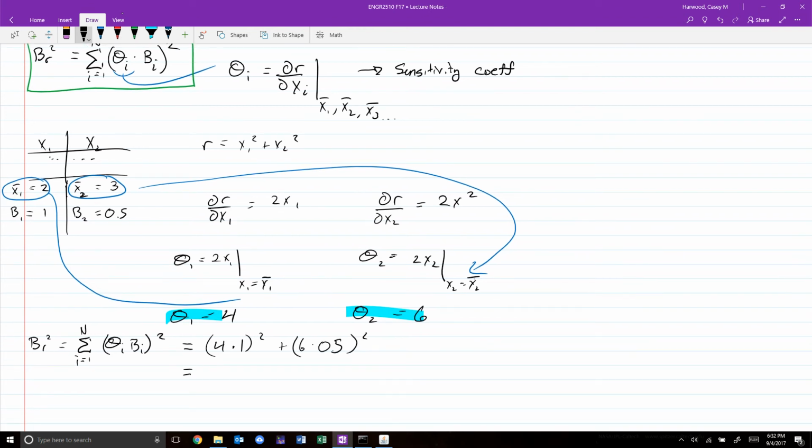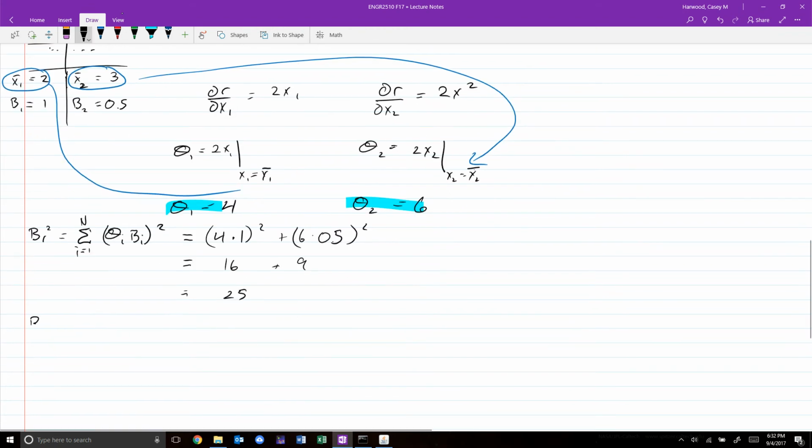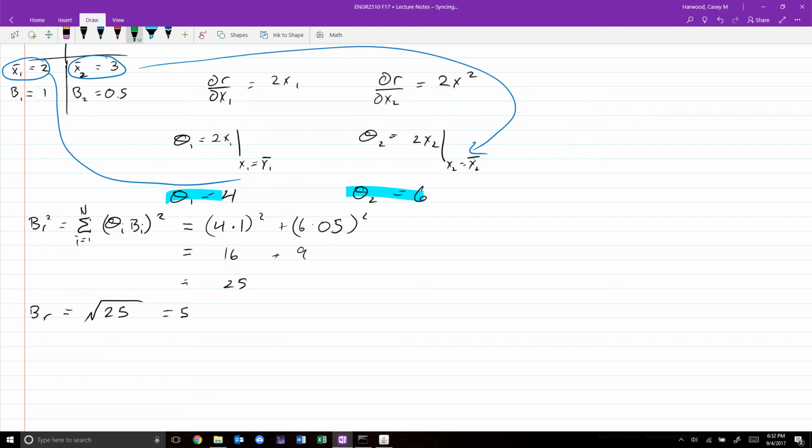And this gives us 4 squared plus 3 squared. So that's going to be 16 plus 9, equal to 25. So b sub r is equal to the square root of 25, which gives us 5. And there we've calculated the propagated bias limit on r from the bias limits on x1 and x2.